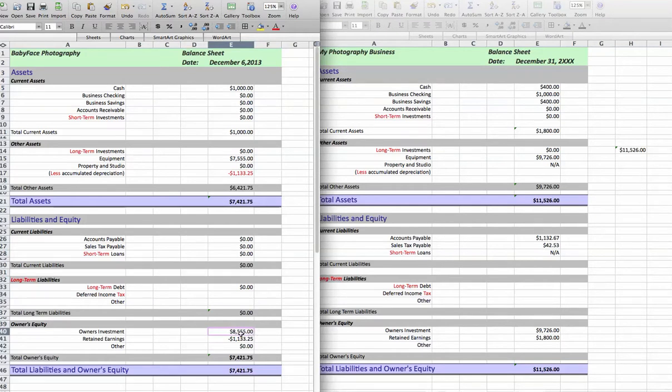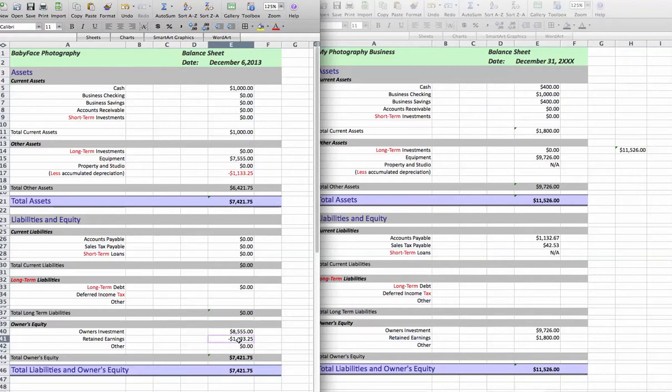That doesn't change. But when it comes to your retained earnings, then your cash balance, which is your salary and your business checking, your savings, and all that kind of stuff, and anything that's coming in that you have not received funds for, but that you know is coming in, okay, you take this figure, you subtract your accounts payable, your sales tax payable, and whatever it is you make on your loan payment, and that becomes your retained earnings.